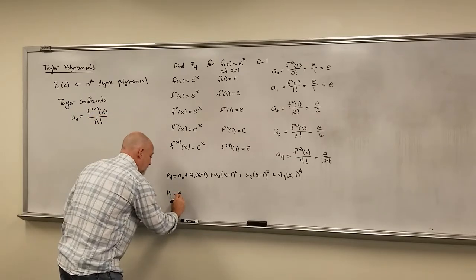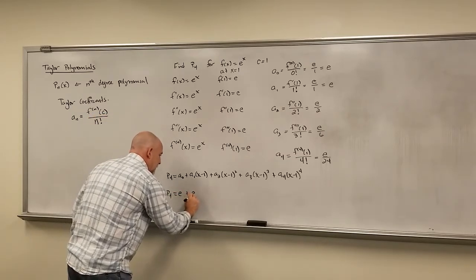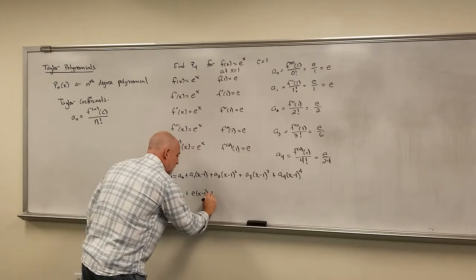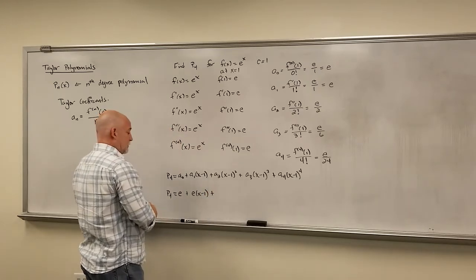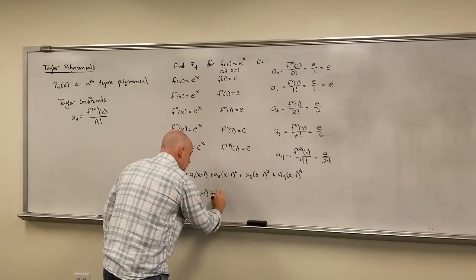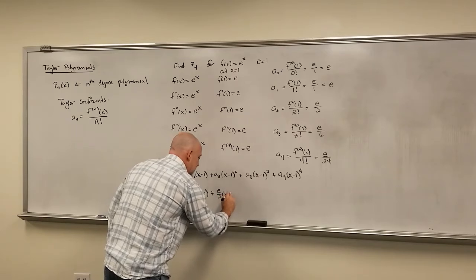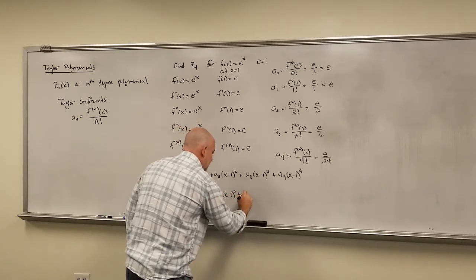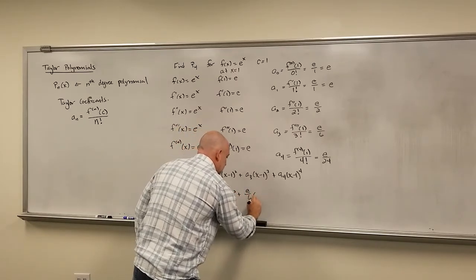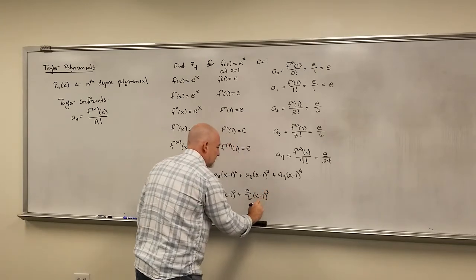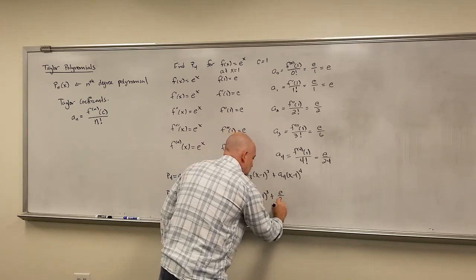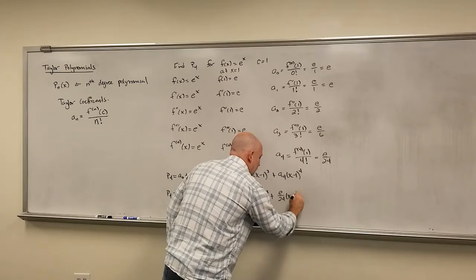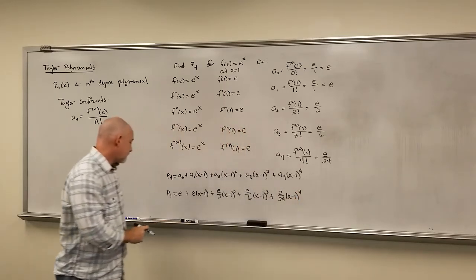So our coefficients are e times x minus 1. What was the next one? E over 2 times x minus 1 squared plus e over 6 times x minus 1 cubed plus e over 24 times x minus 1 to the fourth.